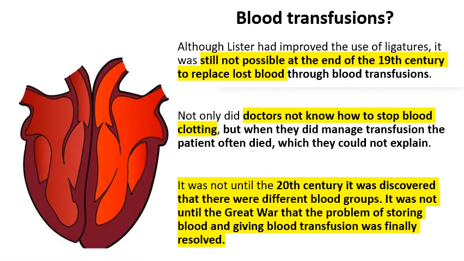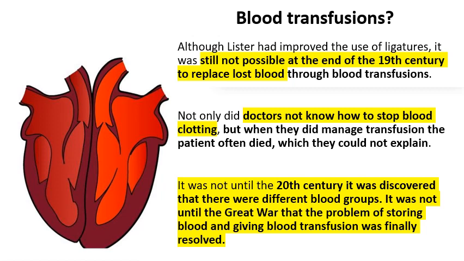However, there's still one thing that they can't do. They still can't replace any blood that's lost in a patient that's been operated on. I mean, there's various things that go back to the Renaissance that show that transfusions are possible, but it wasn't possible at this time on such a large scale because doctors didn't know how to stop the blood clotting when it was stored. Okay, so patients often died through bleeding to death. They couldn't stop that.